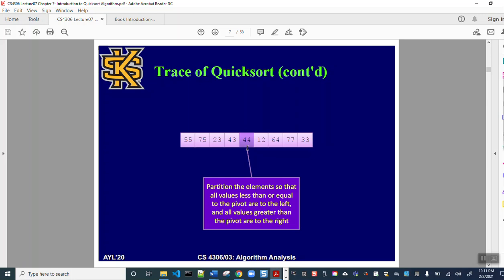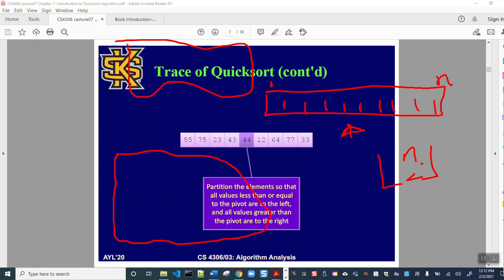Now we need to partition this entire given array into two parts, the left part and the right part. If my array has length n, the left side will be 1 to r, and this one element will be the pivot element.